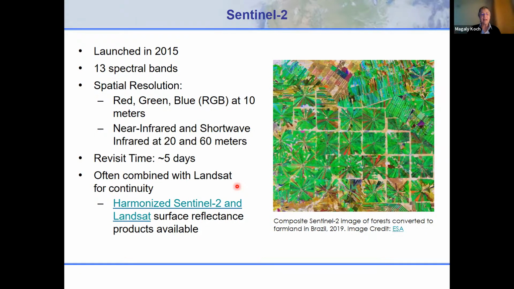Landsat data can be sort of combined or harmonized, if you want. That's data that is now available to the users, and what the space agencies are trying to do is to make these different images, or the characteristics of these images, comparable, so that you can use them in a time series analysis, right?